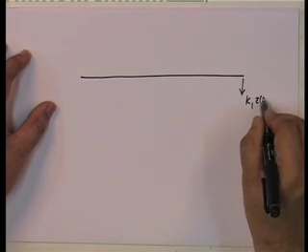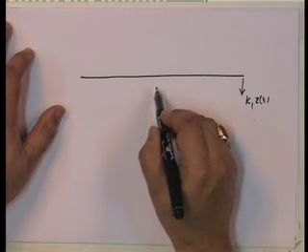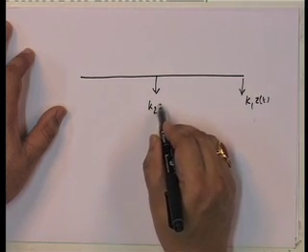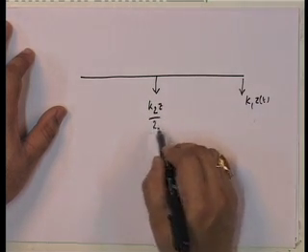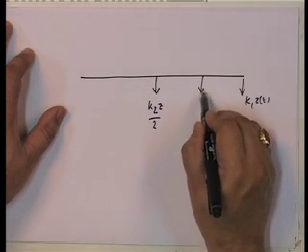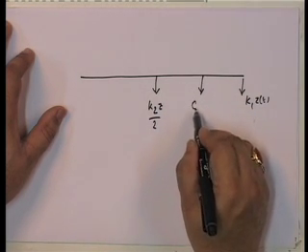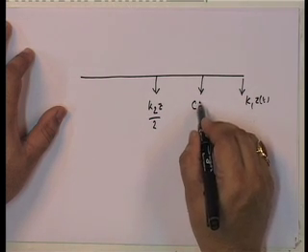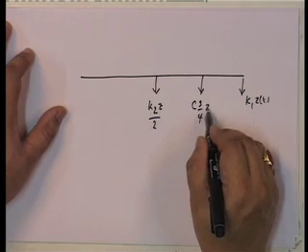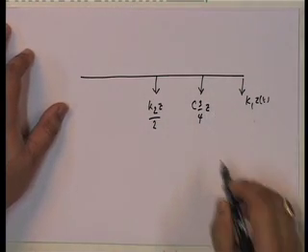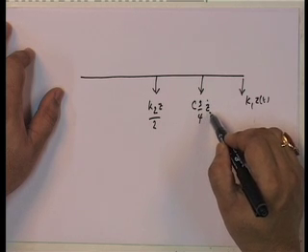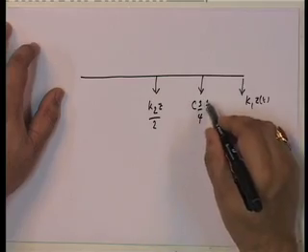K1 into z of t, this is the force in this direction. In the center spring, it is going to be equal to K2 z upon 2. At the dashpot, it is going to be C into 3/4 z dot, because if 3/4 z is the displacement, the velocity is going to be 3/4 z dot.